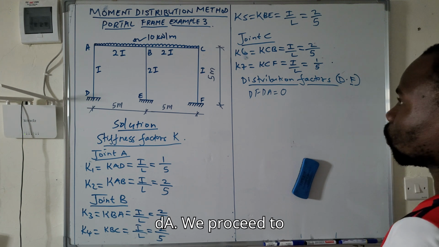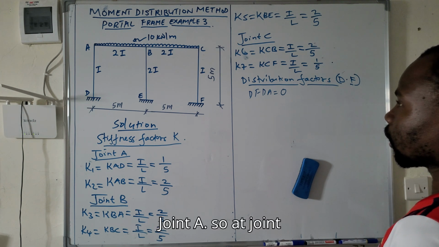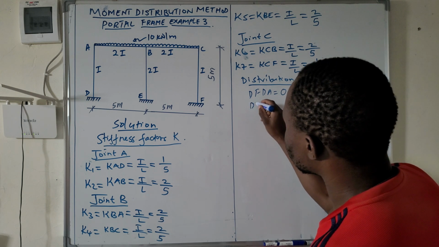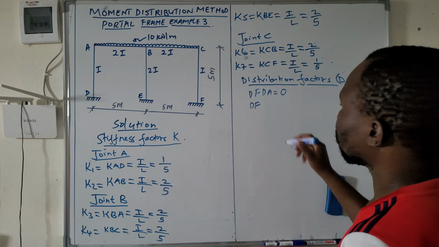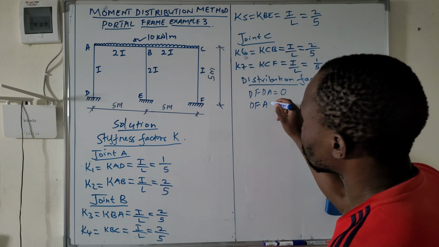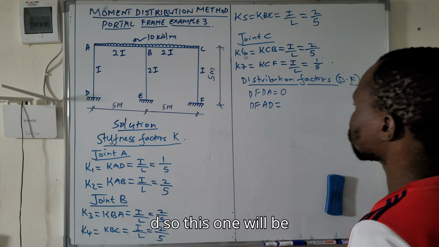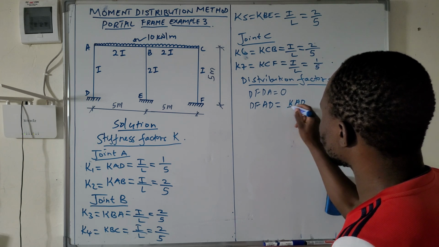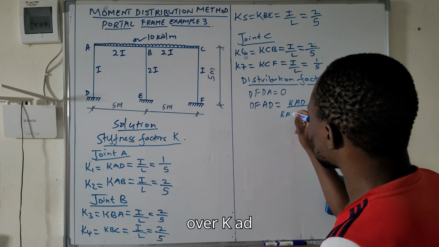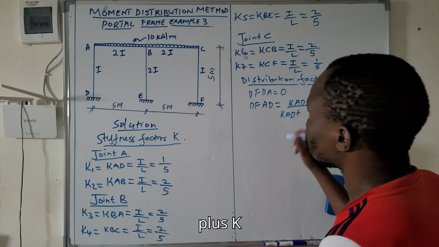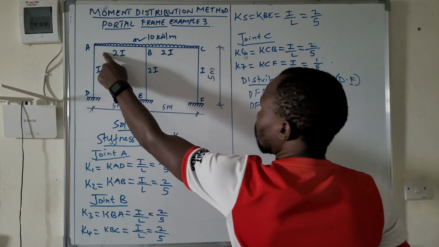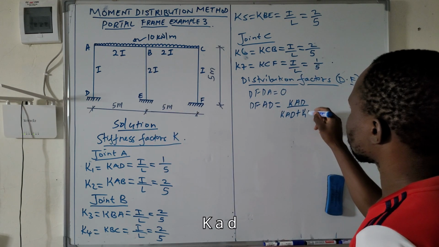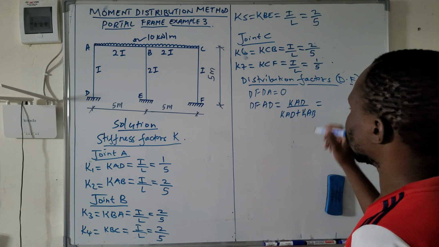We proceed to joint A. So at joint A, we will have DF AD. This one will be KAD over KAD plus KAB.